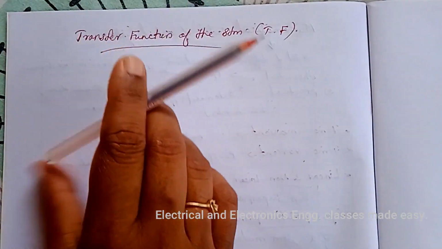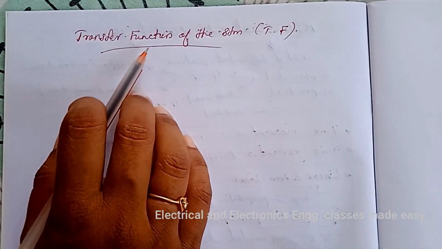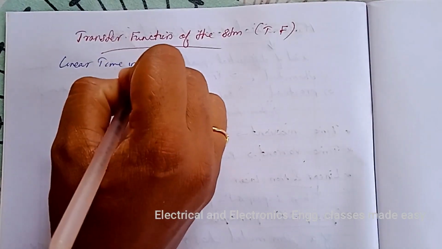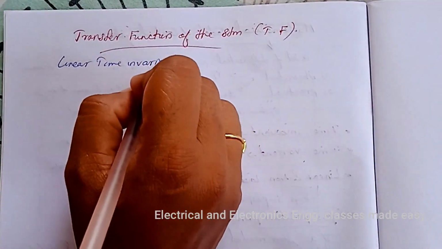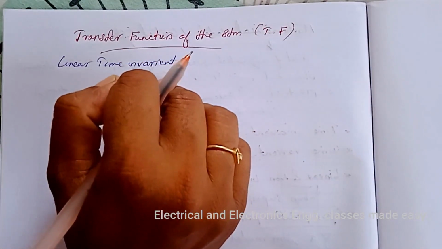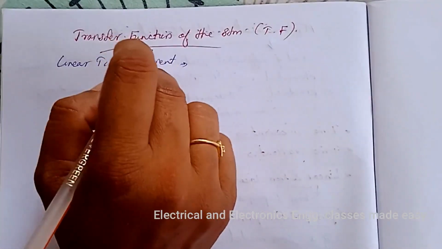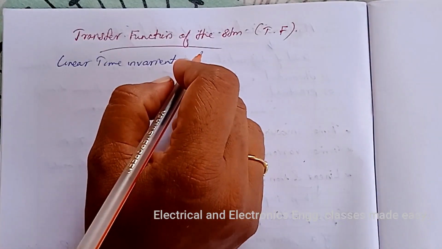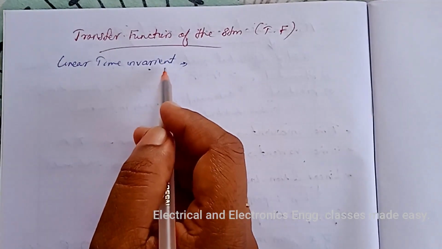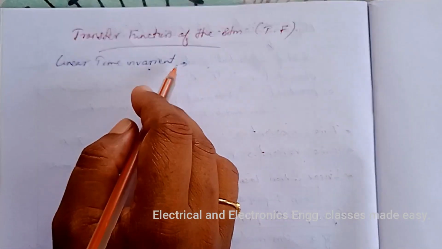Next is the transfer function of the system. The differential equations of a linear time invariant system. So what is a linear time invariant system? If the coefficients of the differential equations describing the system are constants, then the model is called linear time invariant. The differential equations of a linear time invariant system can be reshaped into a different form for the convenience of analysis.